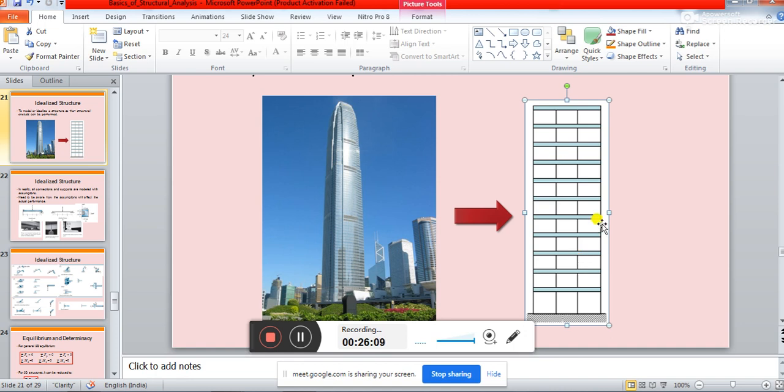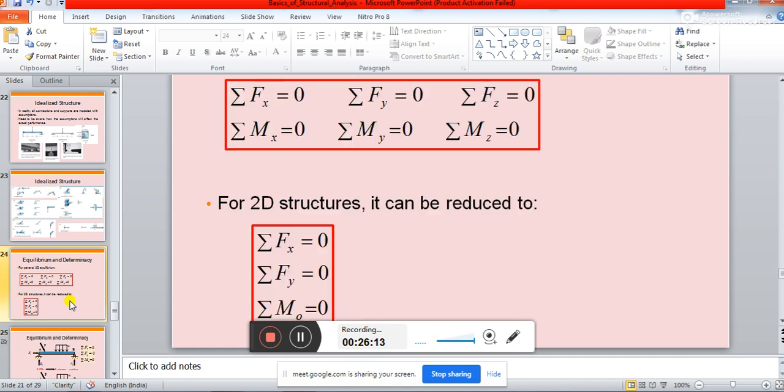Once you make it a two-dimensional structure, you can understand how things become simpler. For 3D you are going to get 6 equations, whereas for 2D you need to solve just 3 equations of equilibrium. So, obviously your life will become easier.